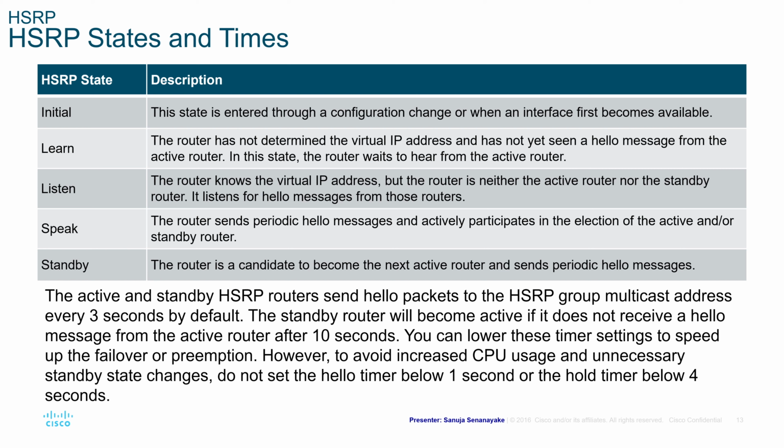However, to avoid increased CPU usage and unnecessary standby state changes, do not set the hello timer below 1 second or the hello hold timer below 4 seconds, because that might create an issue with the CPU usage of your Cisco device.